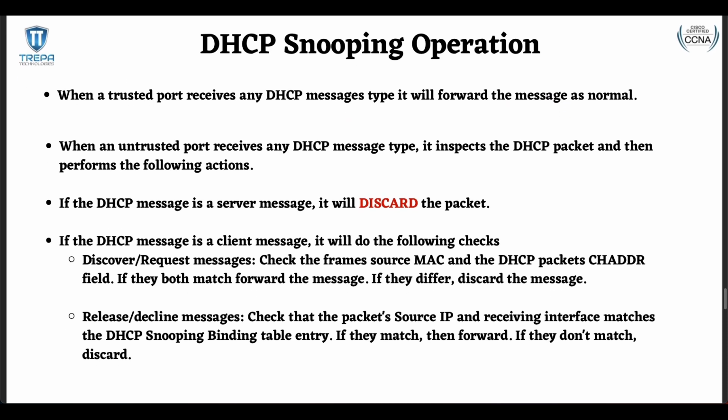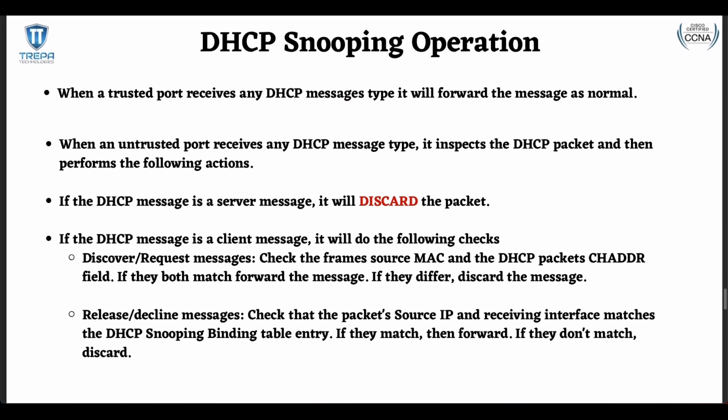All right, so let's go over the DHCP snooping operation one more time. This is going to be in a little bit of an order, okay? So when a trusted port receives any DHCP message type, it will forward the message as normal. So again, with that trusted port, all is good. All DHCP messages are good.